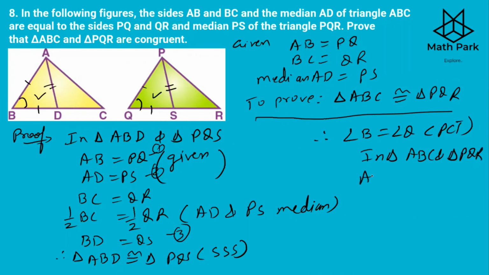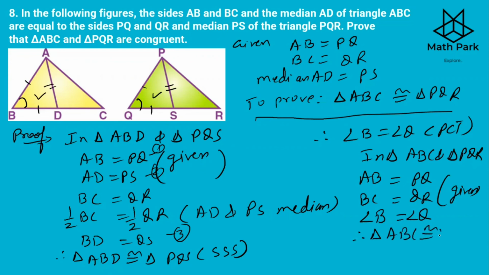You have AB is equal to PQ, given. Then you also have BC is equal to QR. These two things are given. And you have proved angle B is equal to angle Q. And therefore you get triangle ABC is congruent to triangle PQR by SAS.